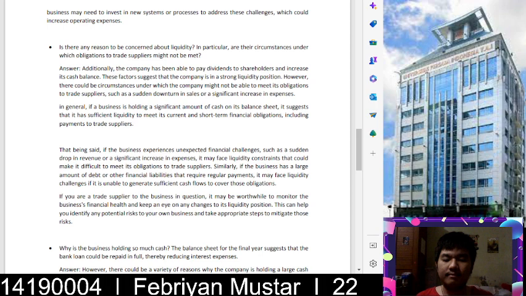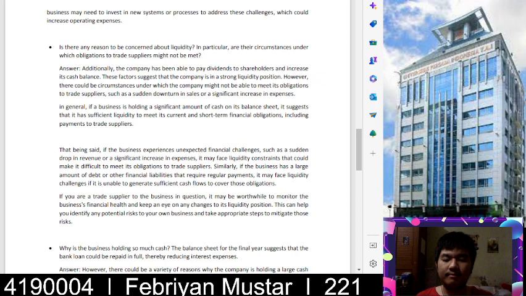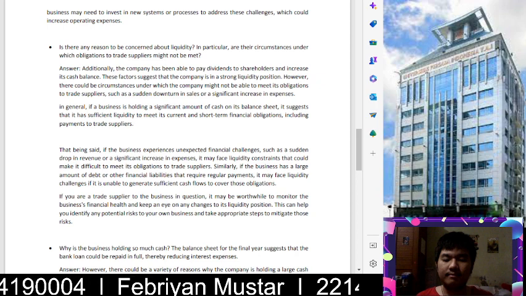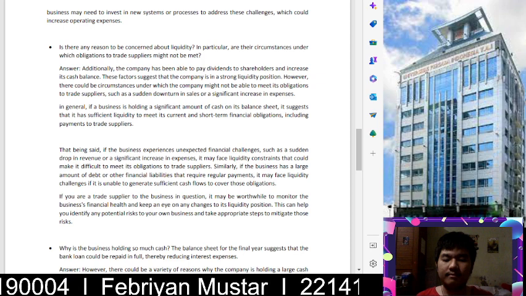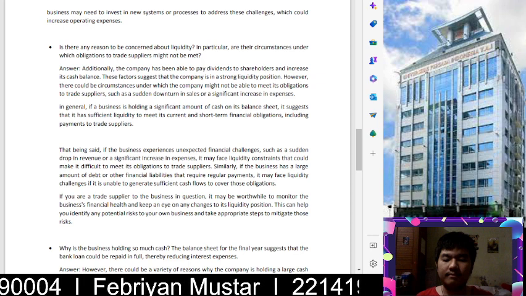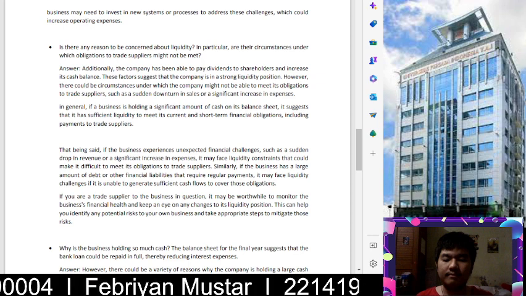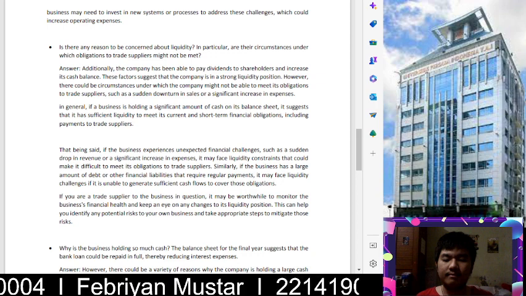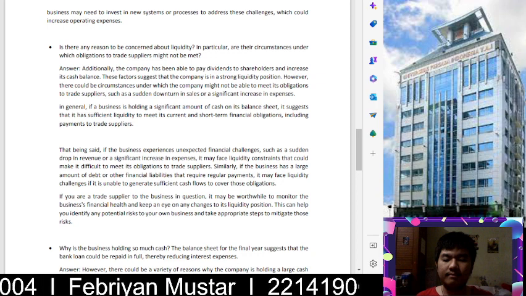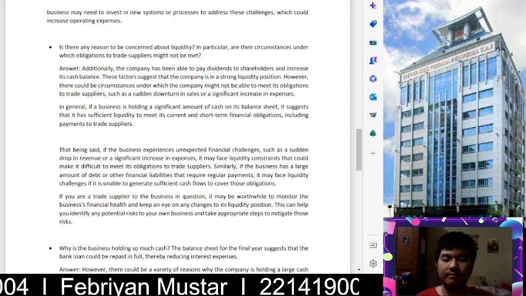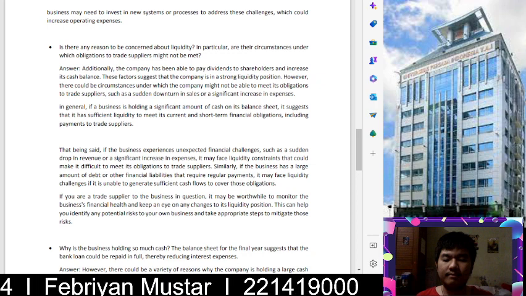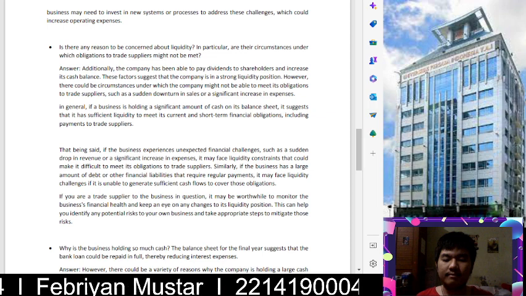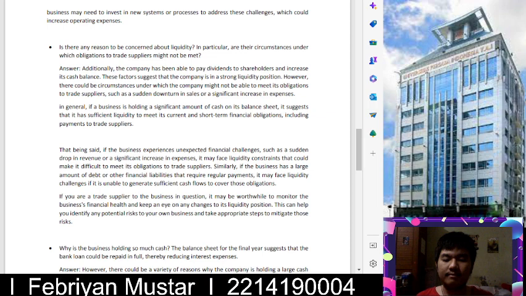That being said, if the business experiences unexpected financial challenges, such as a sudden drop in revenue or a significant increase in expenses, it may face liquidity constraints that could make it difficult to meet its obligations to trade suppliers.